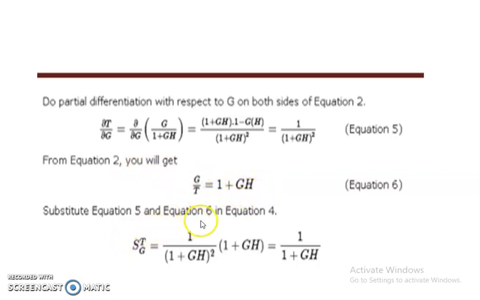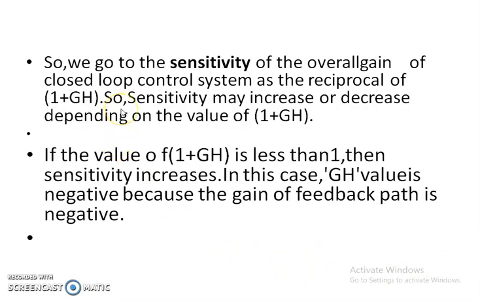Substitute these values in equation 4. The sensitivity is equal to 1/(1+GH)² times (1+GH), that is equal to 1/(1+GH). So the sensitivity of the overall gain of the closed loop control system is the reciprocal of 1+GH, so the sensitivity may increase or decrease depending on the value of 1+GH. If the value of 1+GH is less than 1, then sensitivity increases.